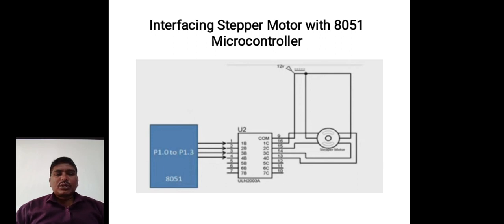That's why we are using the ULN2003A. It is normally referred to as a driver device. It is used to drive the coils of the stepper motor. That is the main purpose we are using this ULN2003.